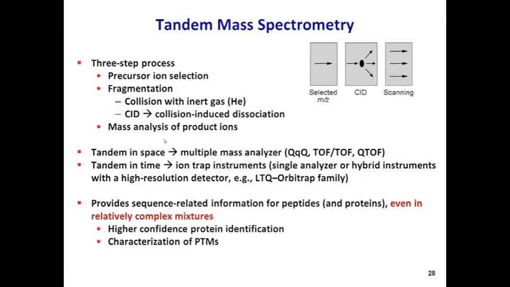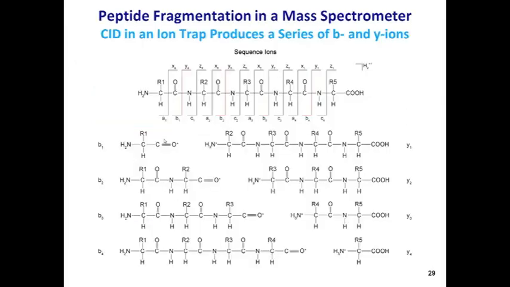An advantage of tandem mass spectrometry is it produces sequence-related information for peptides and proteins, even in relatively complex mixtures. This results in a high-confidence identification of peptides and subsequently proteins, as well as characterization of post-translational modifications.